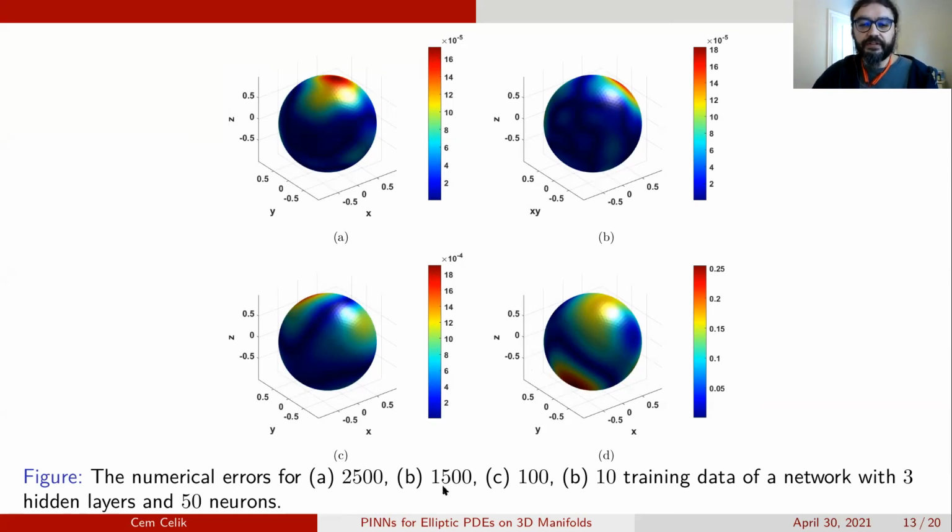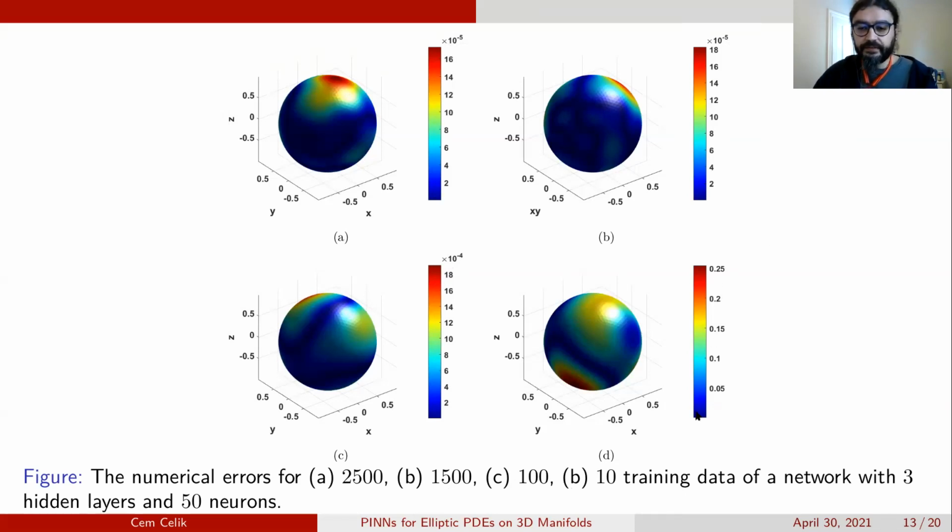In the second graph, they used 1500, here 100, and the last one they used just 10. For the first two, the errors look the same. The biggest error is 10 to the minus 5 here in the first two examples, and here it is a little bit higher, and for the last one they got better results.